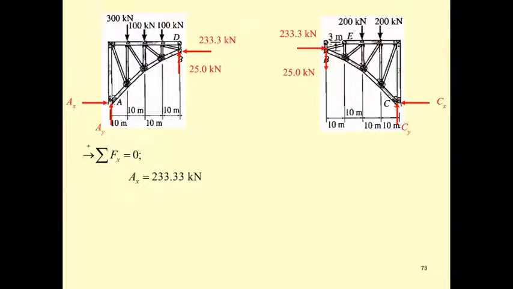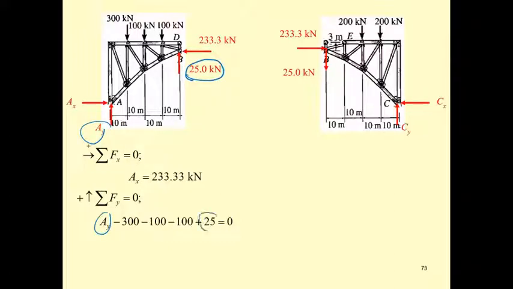Summation of F sub x equal to 0, and see all the normal force going to be equal. If you put it in summation of F sub y equal to 0, the A sub y is upward, and 25 is upward, so that is plus, and the other is downward, that's negative. You get the A sub y of 475 kilonewton.